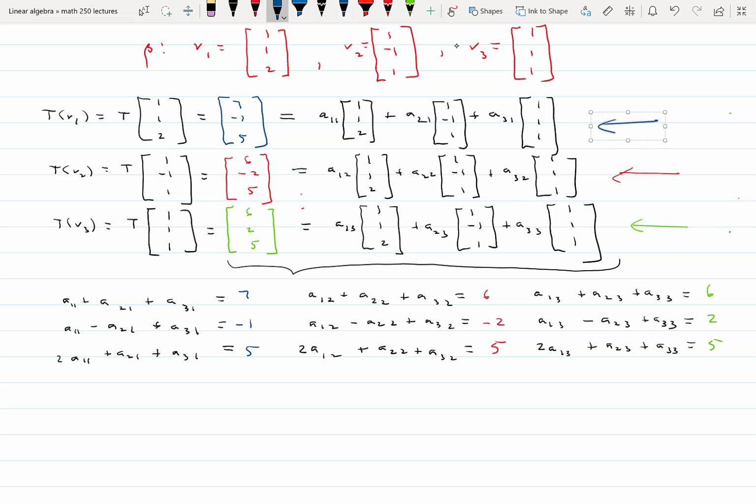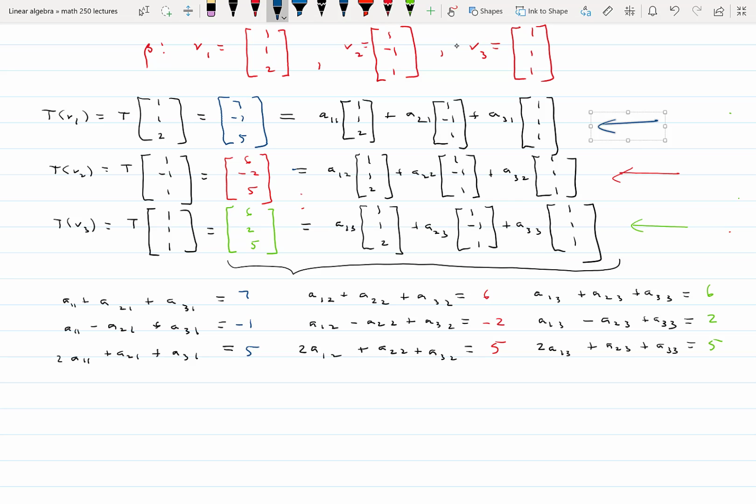All the variables in each of the different systems are different. In the first system, you have A11, A21, and A31. Second one, A12, A22, and A32. In the third system, which has green coefficients, A13, A23, and A33. All those variables are different in the different systems. However, what is the same in all three systems?